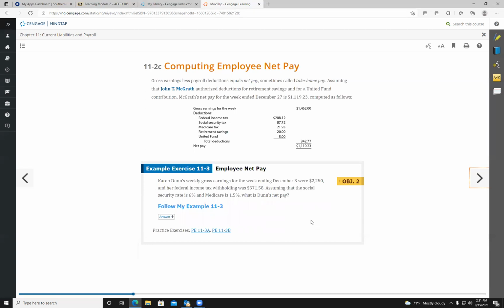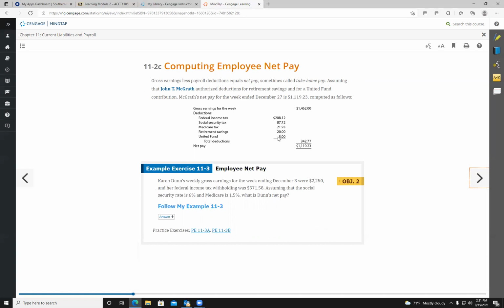So again, net pay equals gross pay minus your deductions. Okay, so if we remember, Mr. McGrath had a gross earning of $1,462, right? We calculated his federal income tax to be $208.12. And his Social Security was $87.72, his Medicare $21.93.